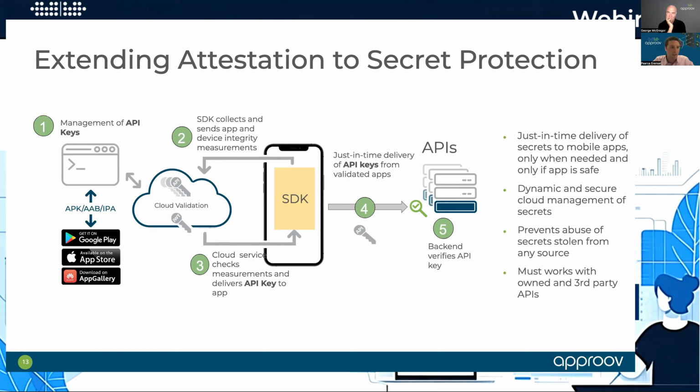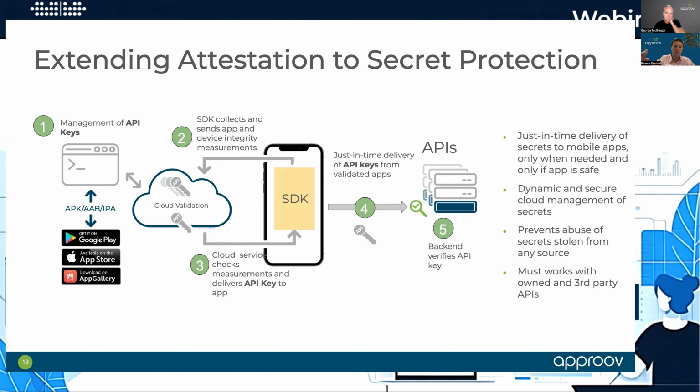Basically, it's known that you shouldn't hard code API keys in your app. Your developers are constantly told this, and yet they're not really given a good way of satisfying that requirement. One way to do that would be through the same kind of attestation flow that George had walked through earlier. But basically, you would store API keys or secrets in a cloud, in this case, the approved cloud.